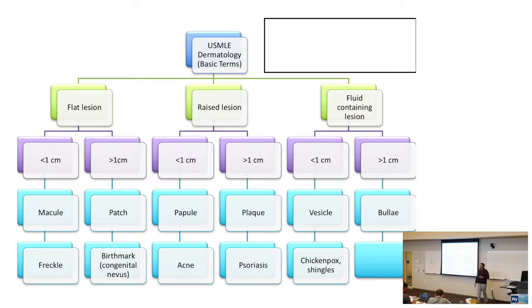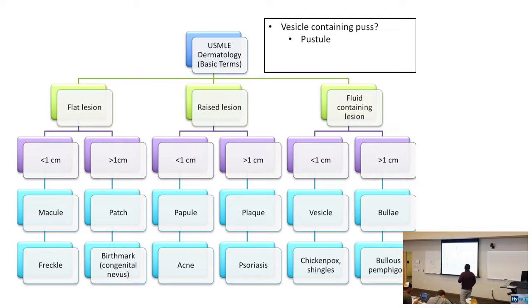And bullae is particularly related to bullous pemphigoid. So what is a vesicle containing pus? That's called a pustule. And a transient papule or a plaque, that is going to be hives or urticaria. Okay? So I know right now you're like macule, papule, plaque, everything is convoluted, but guess what? You have the slides in front of you, and make sure you take this introduction and review it on your own.